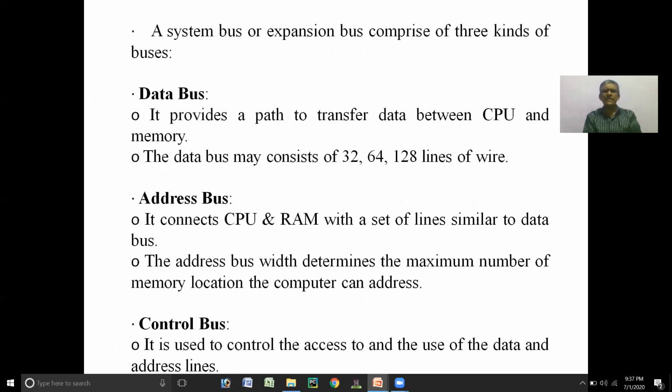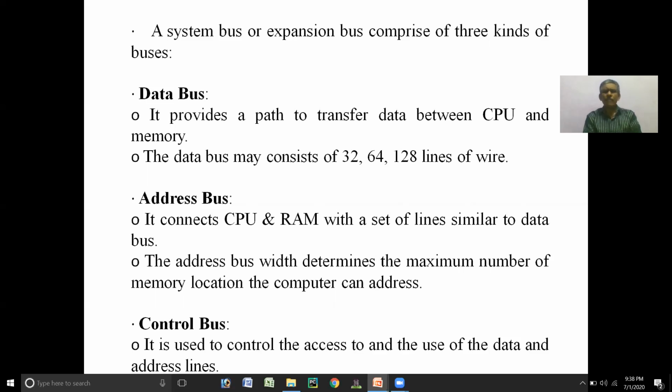The system bus consists of three types of buses. Normally, from the exam point of view, for 1 mark, these three buses are very important: data bus, address bus, and control bus. Now, first one, data bus.